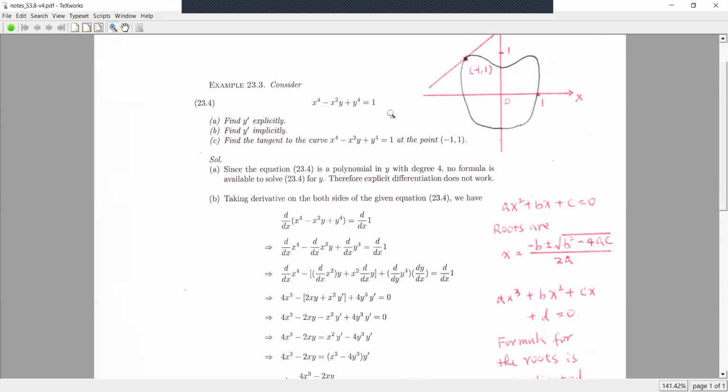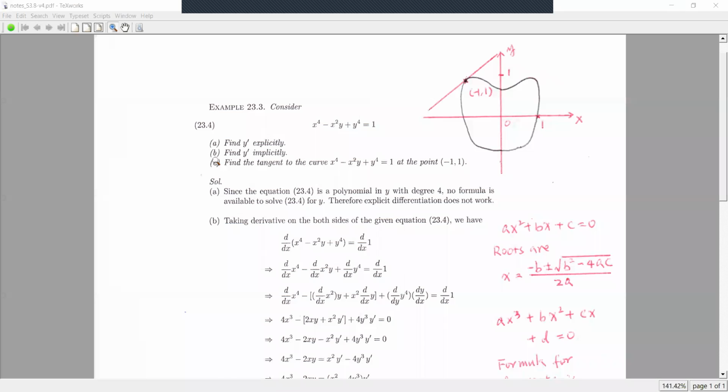So, because the degree is 4, we cannot solve this equation for y. Therefore, explicit differentiation doesn't work. In other words, no solution to part A because we cannot solve the equation for y.